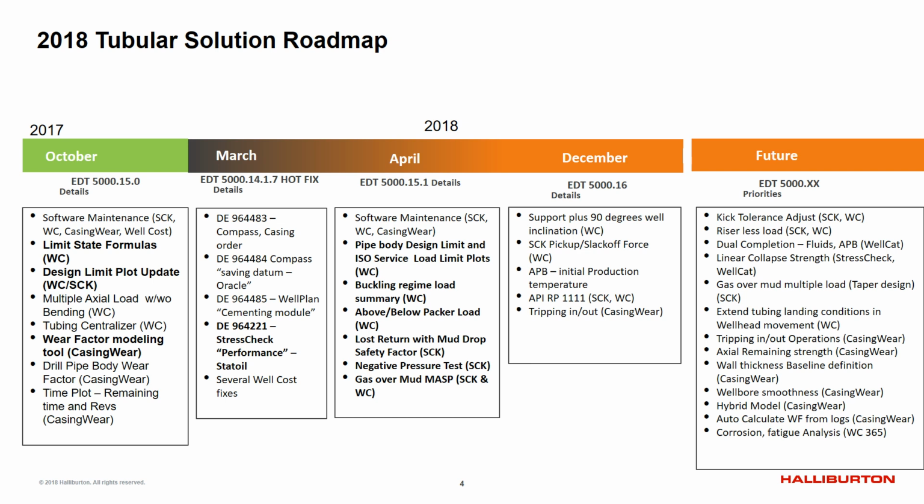We have plans moving forward to the end of 2018 to support well inclinations above 90 degrees for Wellcat and a few other enhancements as you can see. And finally, as always, there's a list of new features that we are contemplating and evaluating at this time for future releases.